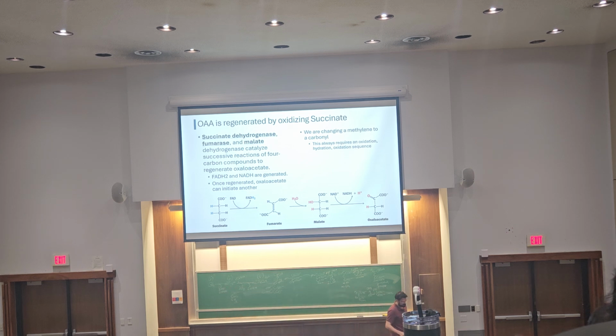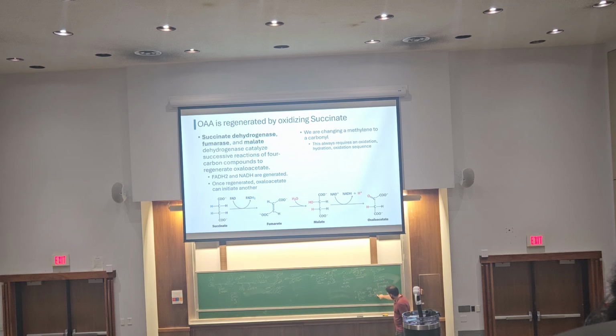When we want to change a methylene into a carbonyl, this requires the same pattern of reactions: an oxidation, a hydration, and another oxidation. Sorry, right? So if we're trying to get from this CH2, sorry, too many hydrogens. I'm going to have to put them over here, CH2.